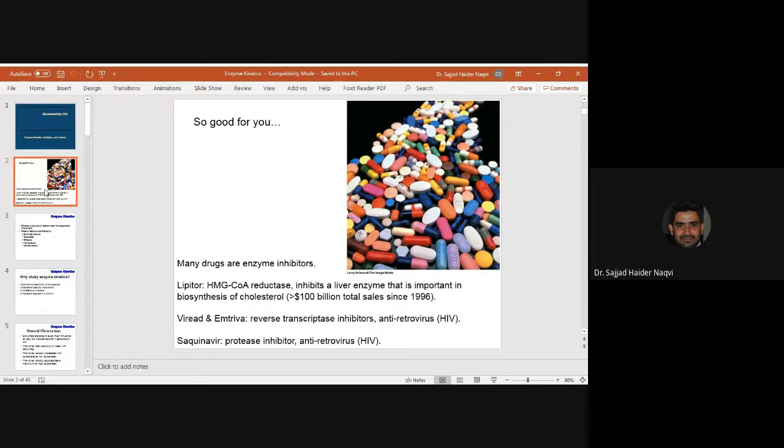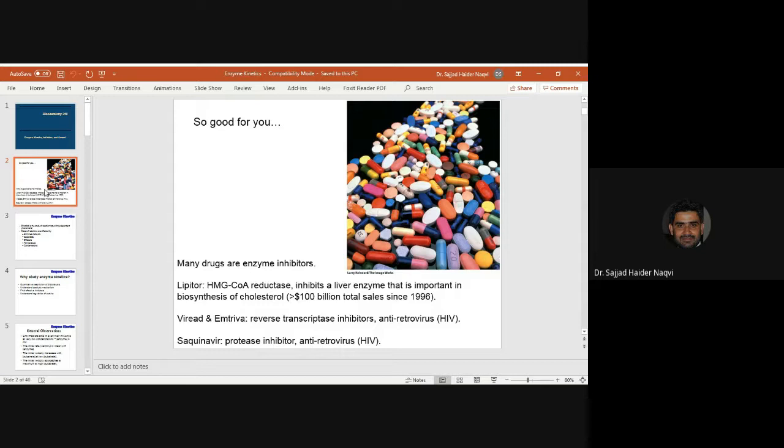So this drug, Lipitor, stops HMG-CoA reductase, and thereby stops the biosynthesis of cholesterol. So you can easily figure out that this is a cholesterol-lowering drug.